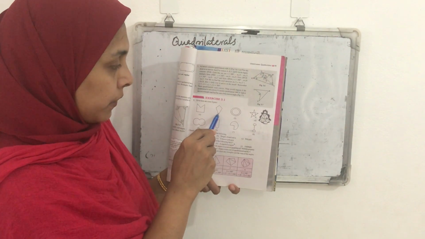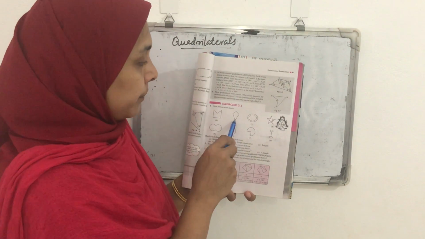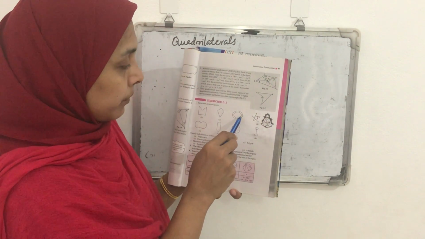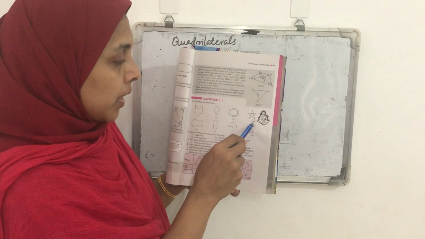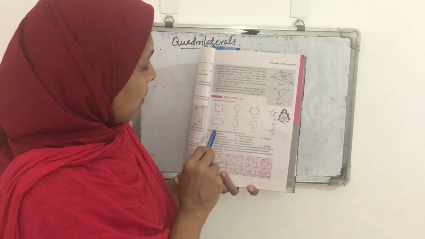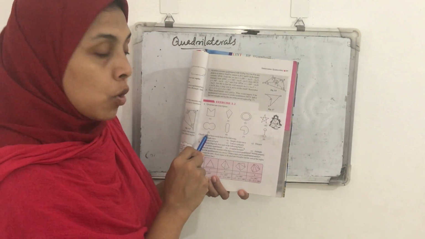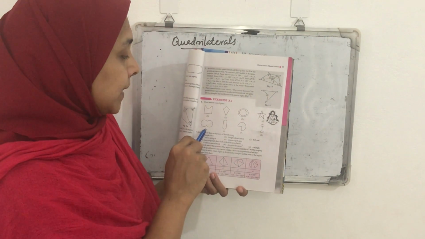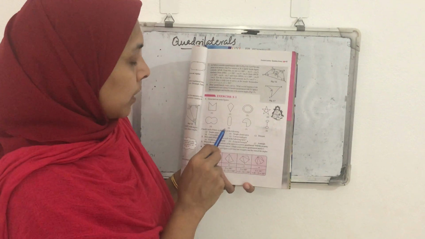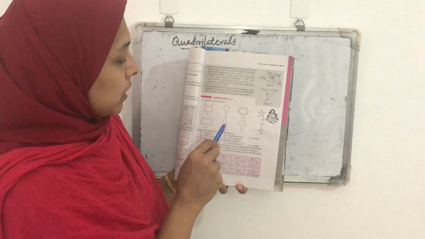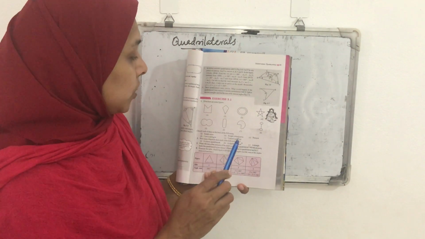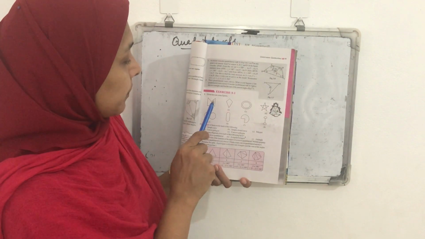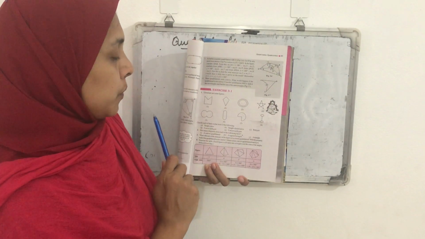Figure 2 is also a polygon. 3 is not a polygon because it is not simple. 4 is also not a simple curve. What about 5? Is it a polygon? No, because it is not made up of line segments. It is a curve. 6 is also a curve, 7 is also a curve. So the only polygons are 1 and 2.